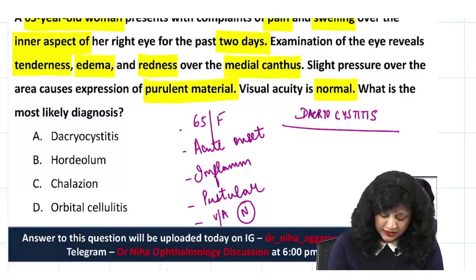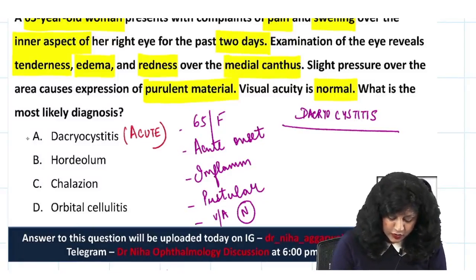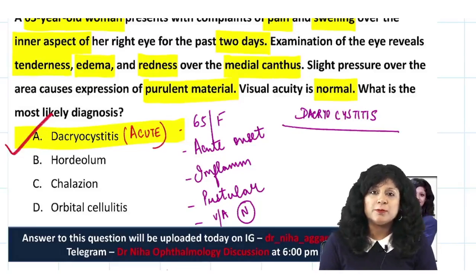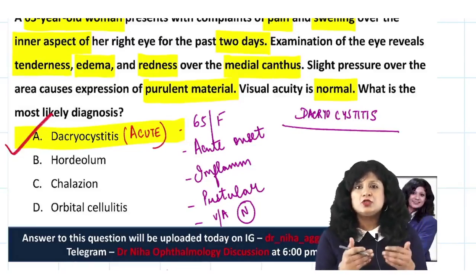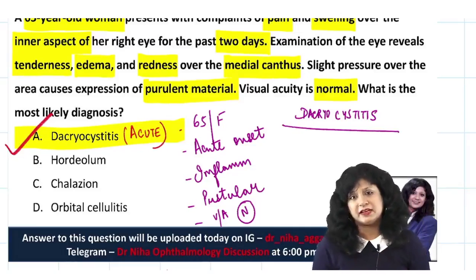So now you are very sure that this is a case of acute dacryocystitis. So the answer to this question is acute dacryocystitis. So I hope now you got the idea how to analyze the different options and reach the final diagnosis.